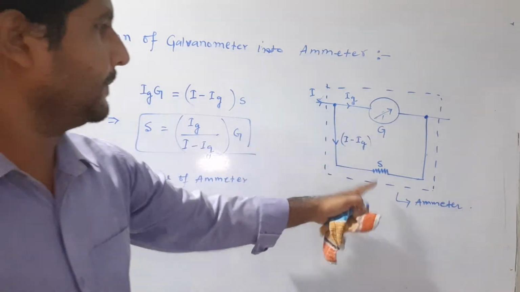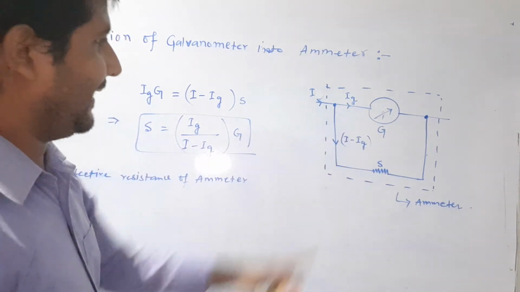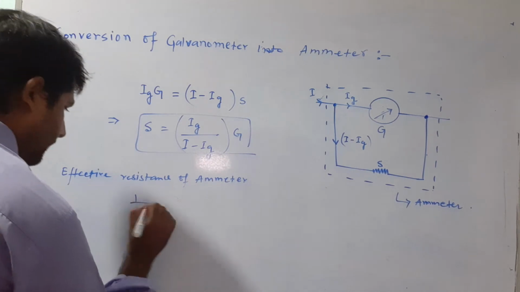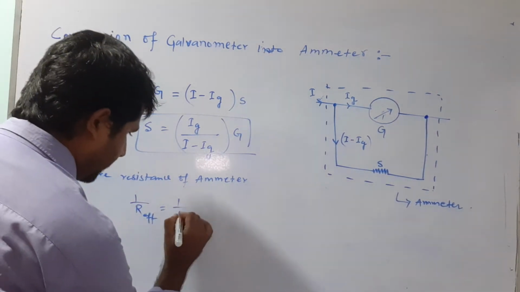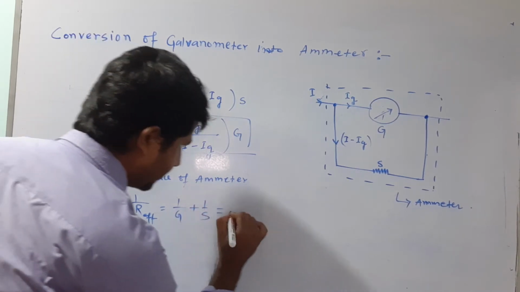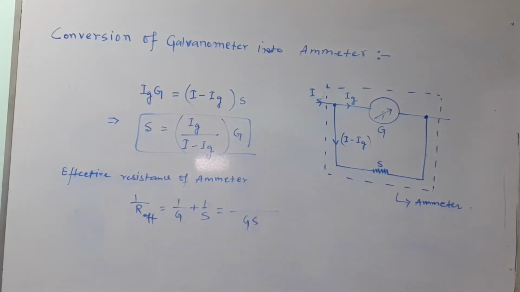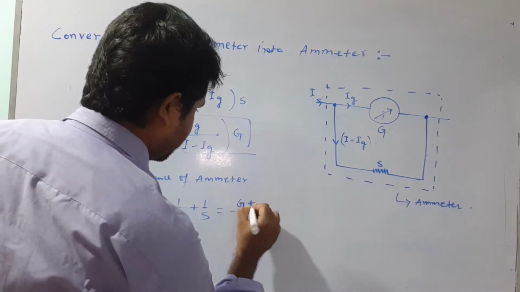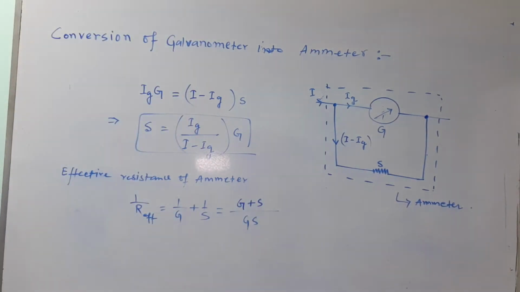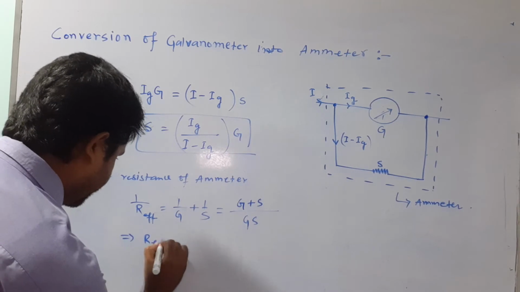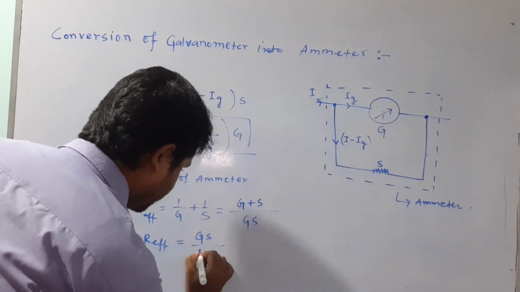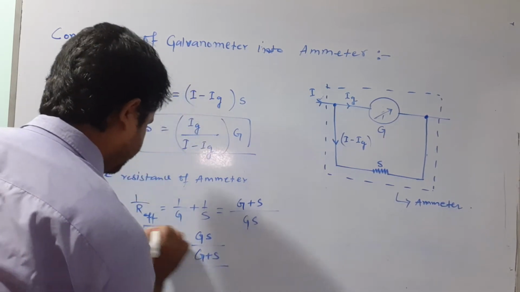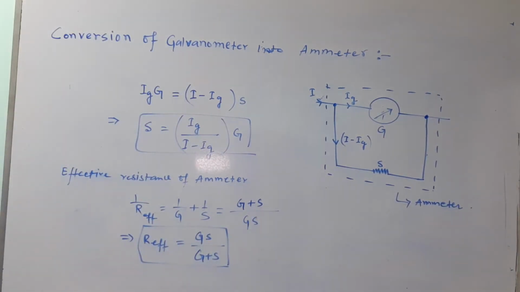These two are connected in parallel, so 1 by R effective equals 1 by G plus 1 by S. Taking the common denominator, we get G plus S, so R effective is equal to G into S by G plus S. This is the effective resistance.